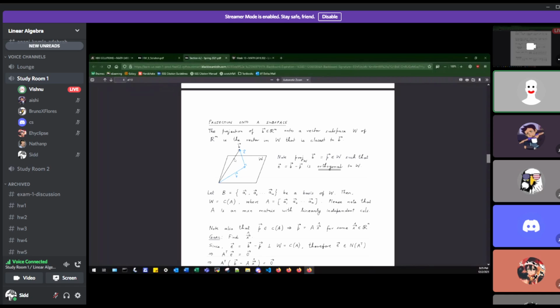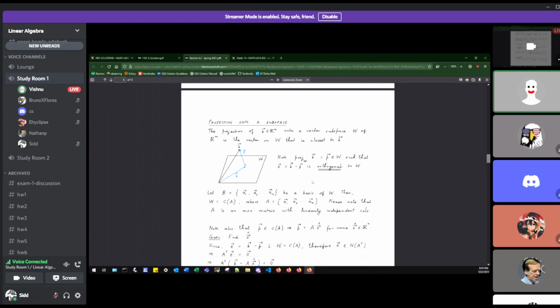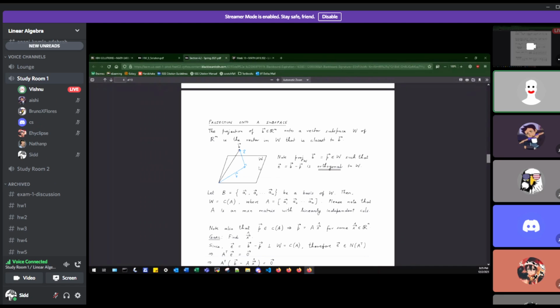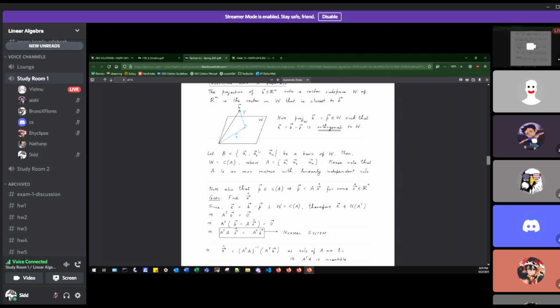And this is basically what it looks like if W is a plane. So in other words, if W's basis has dimension 2, the error vector will be orthogonal to W, the subspace.